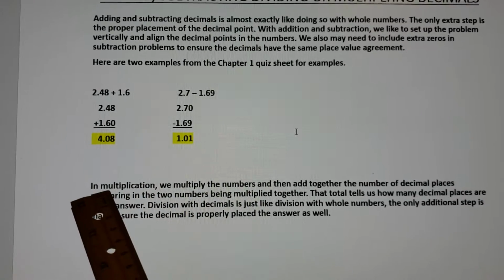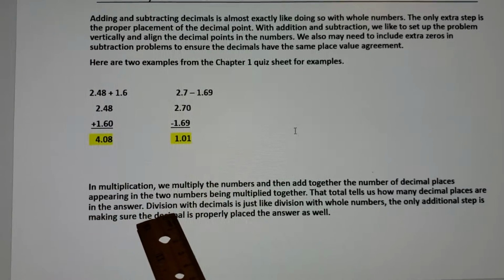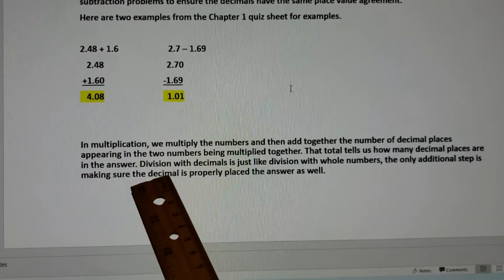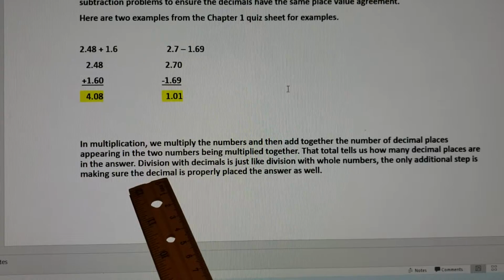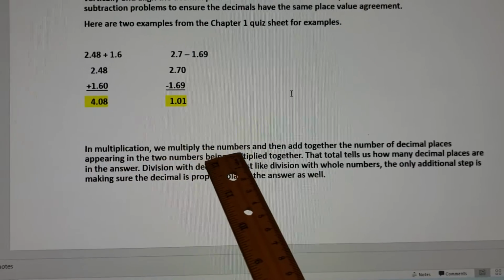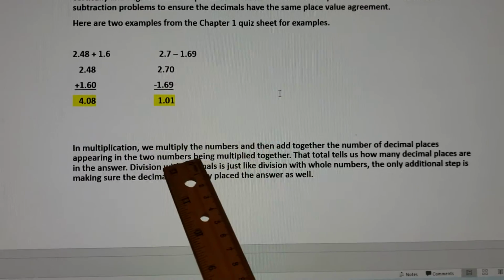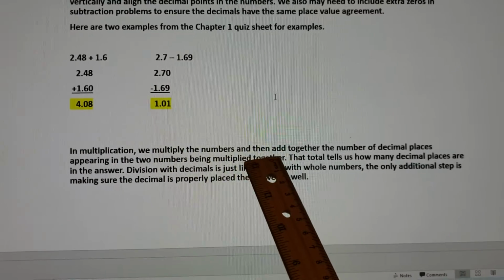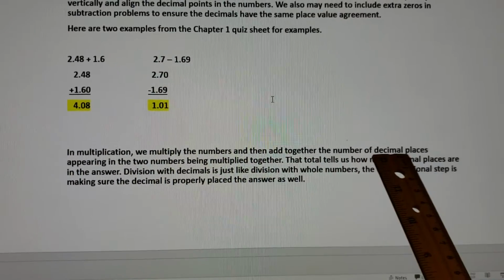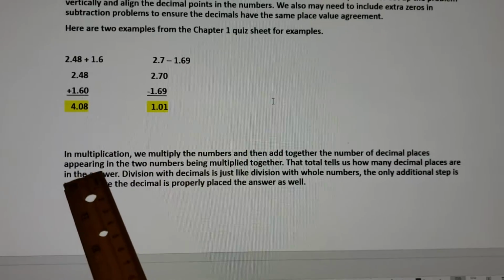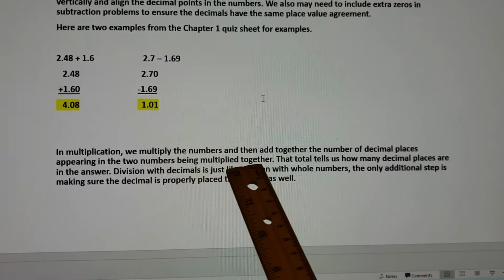For multiplication and division, when you multiply the numbers, then you add together the number of decimal places appearing in the two numbers being multiplied together.